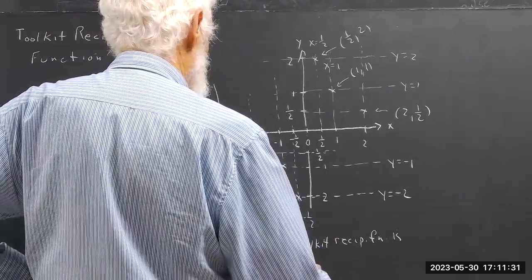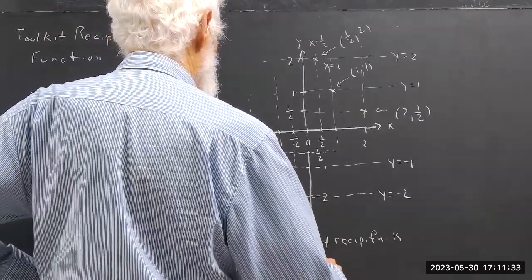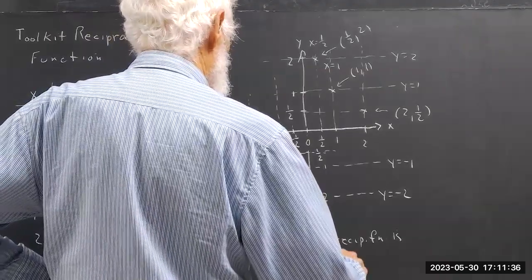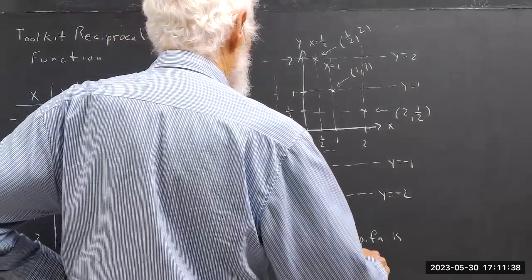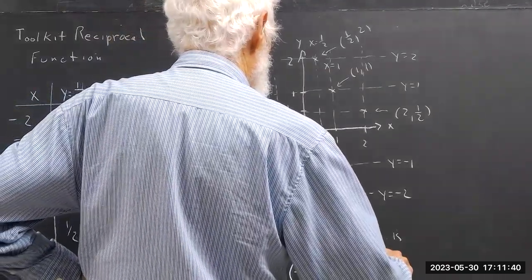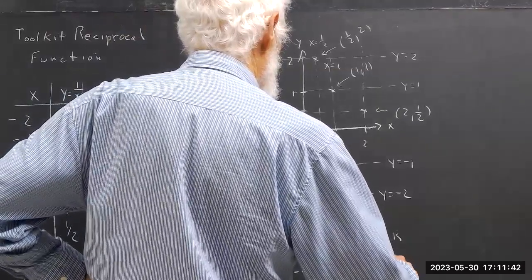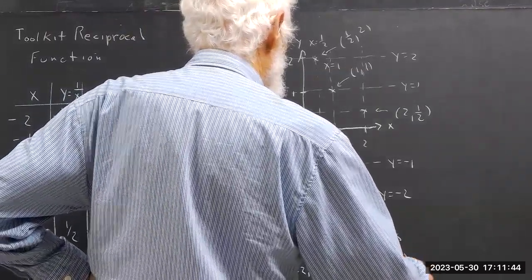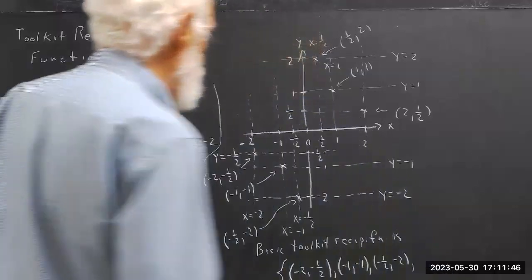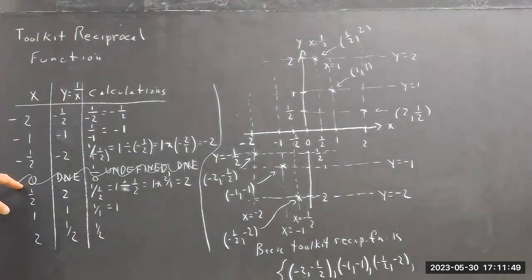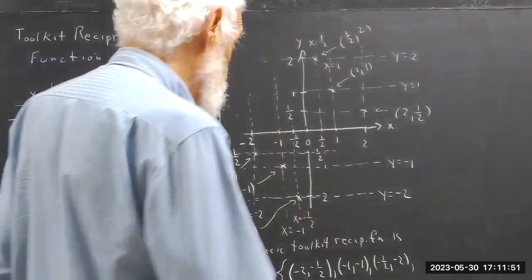Okay, so we have -2, -1/2, -1, -1, -1/2, -2. We don't have a point for x equals 0 because division by 0 is undefined.